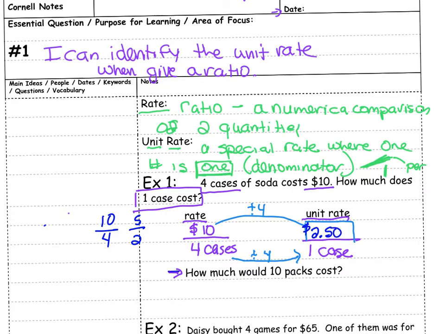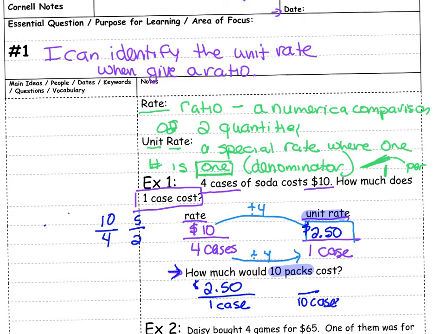Now we can answer this question. Now that we have our unit rate, we want to know how much 10 cases would cost. So if I have my unit rate, $2.50 over 1 case, or per 1 case. Now we want to know how many 10 cases are going to be.